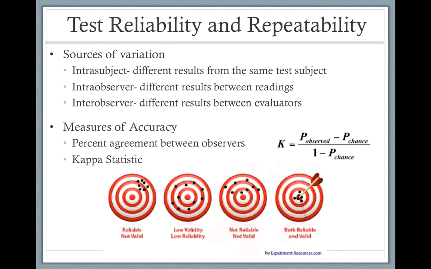It is a measure of to what extent do different observers reading the same test agree beyond what we would expect them to by chance alone. The kappa statistic looks at how much more percent agreement there is between observers, so how much more inter-observer variation there is as opposed to what we expect randomly in the numerator.